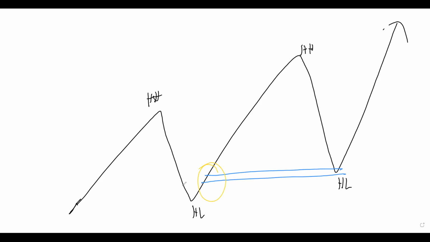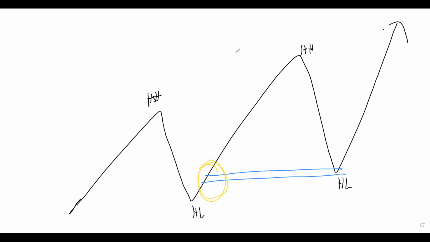So what happens here is, at this area, the bank places both a buy and a sell, right?